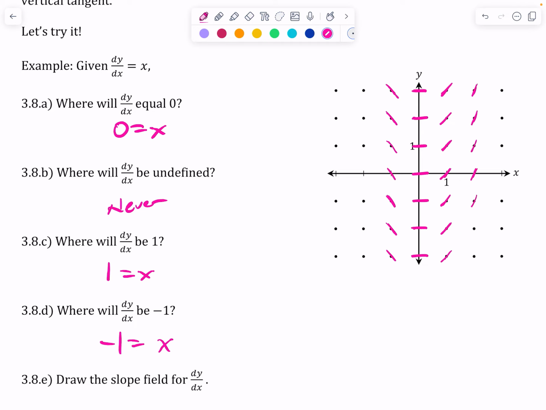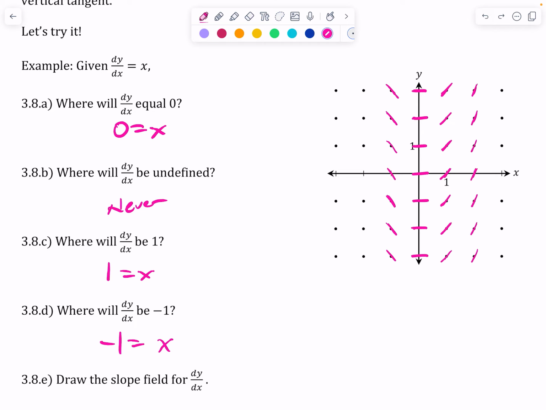That might not be a perfect 2, but you can imagine a line with slope of 2: up 2 over 1, up 2 over 1, up 2 over 1. Taking that segment with a slope of 2 and drawing just a little piece of it, that's how you can get a pretty accurate version anyway.